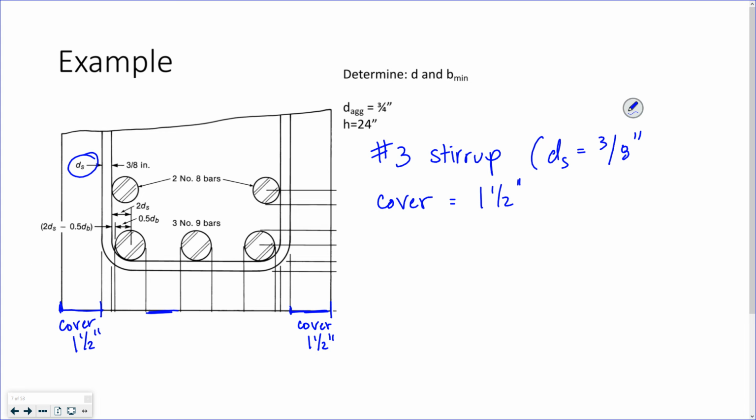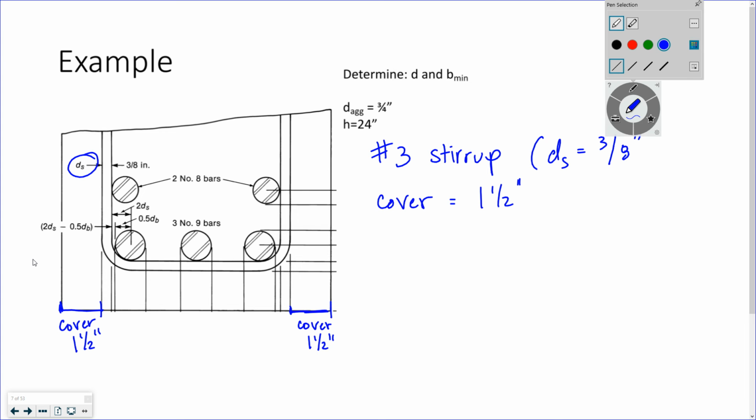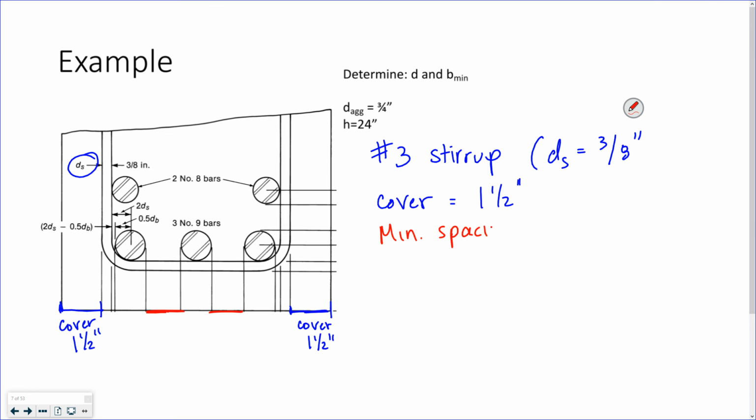My minimum spacing, I'll draw this in a different color. My minimum horizontal spacing is the maximum of 1 inch, my longitudinal bar diameter, or 4/3 the diameter of my aggregate.